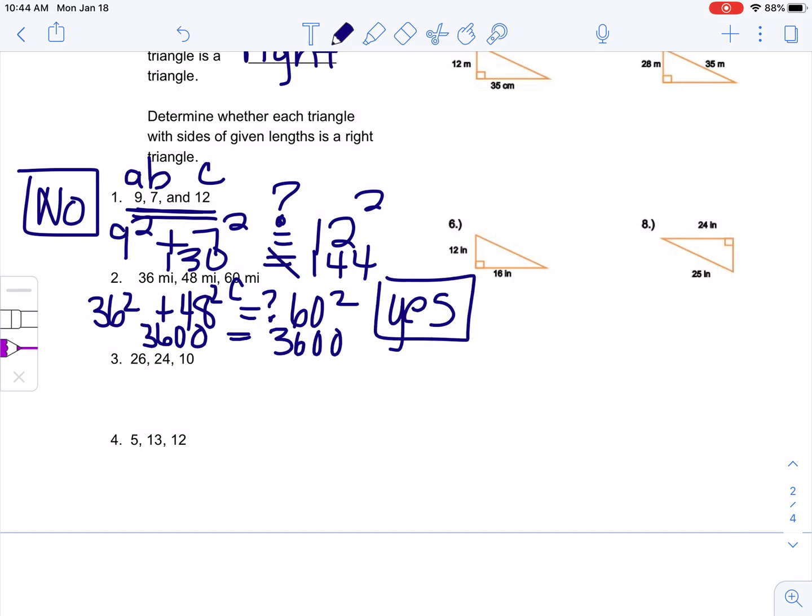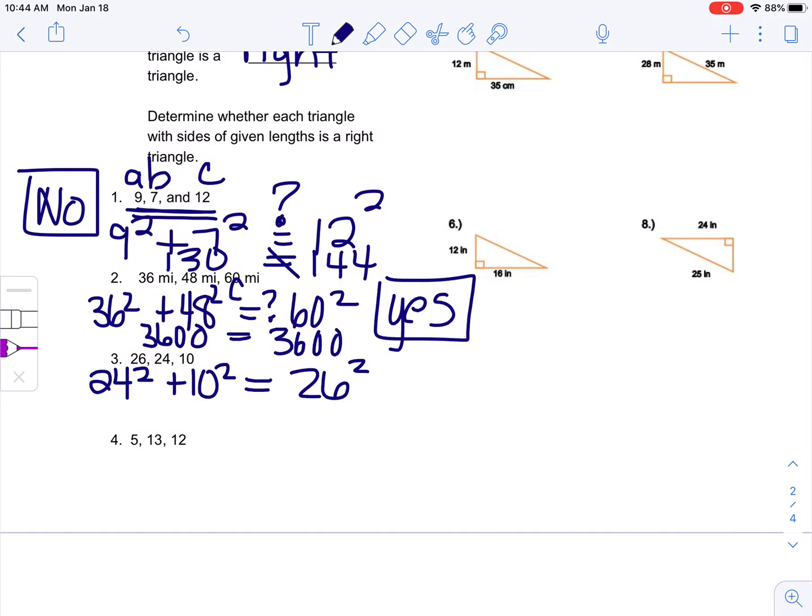The next example, 26, 24, and 10. They have this in a little different order. So the largest number, 26, is going to be side C. So we have to add the two smaller legs, 24 squared plus 10 squared, and see if that's going to equal 26 squared, c squared.